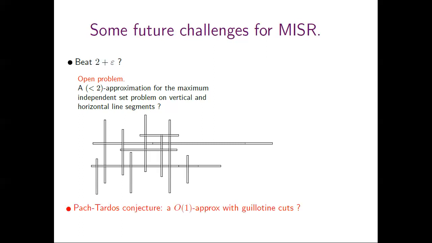Okay, so that's one first question. There was this question at the beginning about the guillotine cuts. Can we actually obtain a constant approximation using the simple dynamic program with the guillotine cuts?